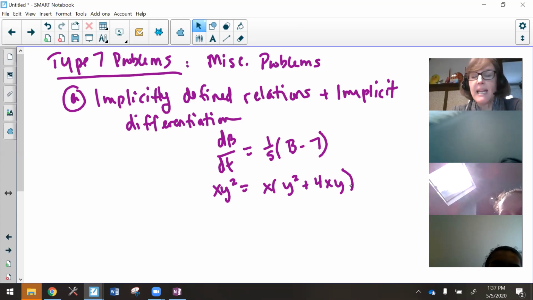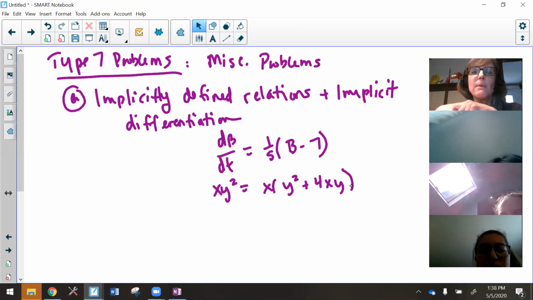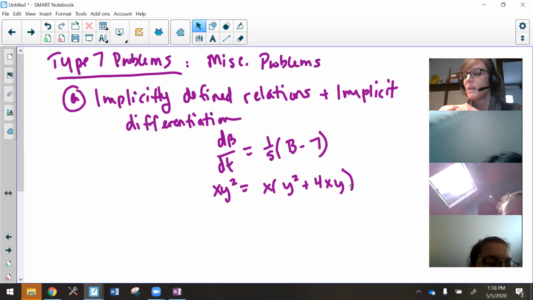So you should be able to take a first derivative using implicit differentiation, take a second derivative using implicit differentiation, and substitute points into both of those equations so that you can tell me whether the function is increasing or decreasing, whether it's concave up or concave down.